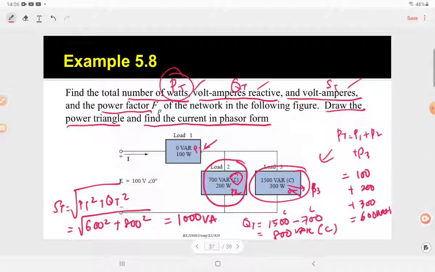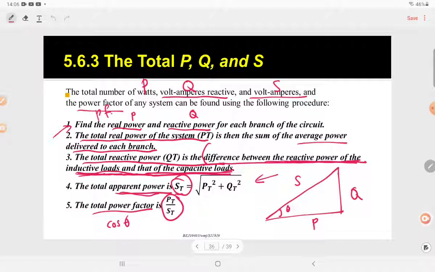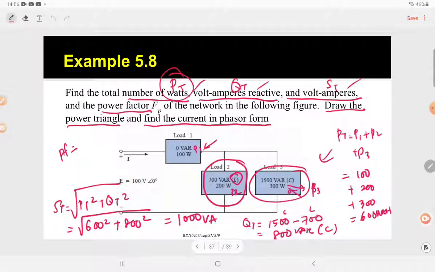So this is the total apparent power. And then last one, power factor is given by cos of theta V minus theta I. So from here power factor is PT over ST, PT divided by ST. So therefore PT is 600, ST is 1000. So therefore 6 divided by 10 is equal to 0.6.